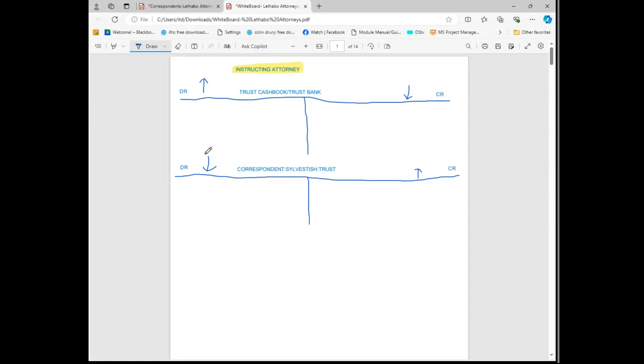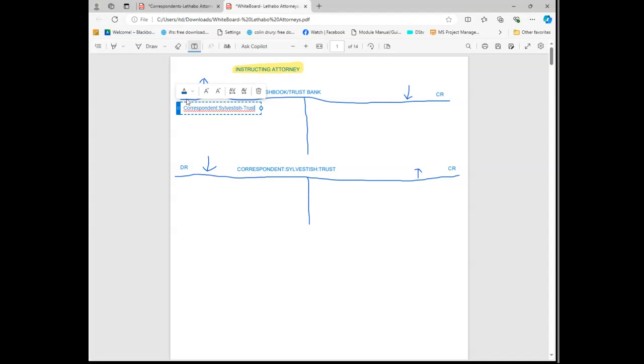When I receive cash, I will come to the debit side. So I'm going to say I'm receiving cash, and this cash comes from the correspondent. Correspondent, Sylvester, and then I'm going to write trust, so that everything can make sense.